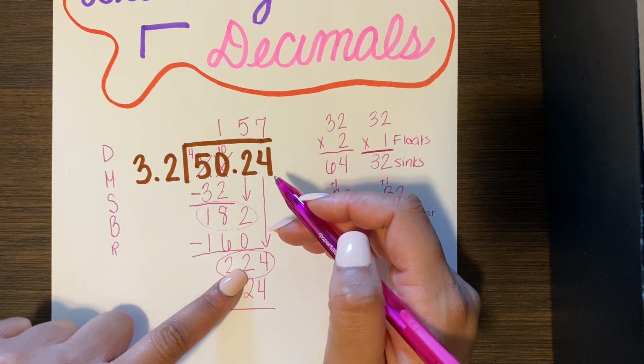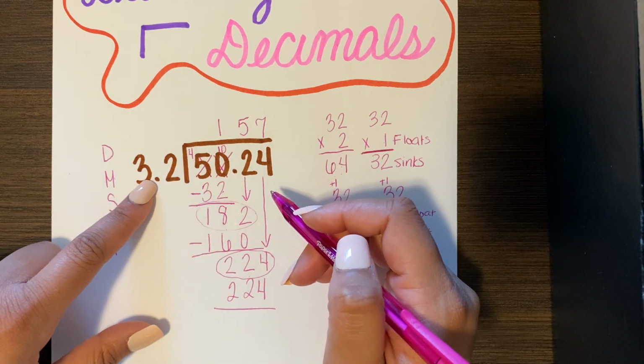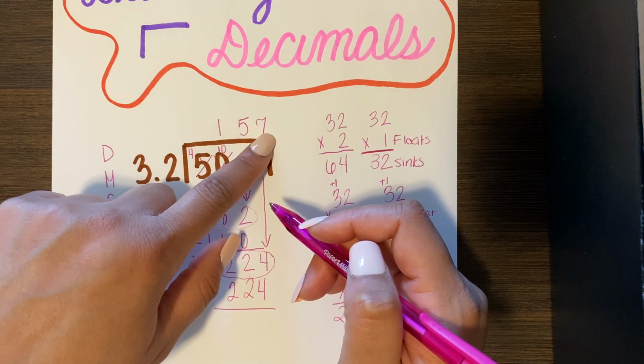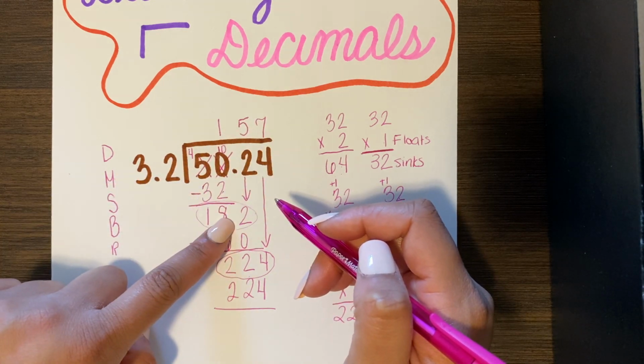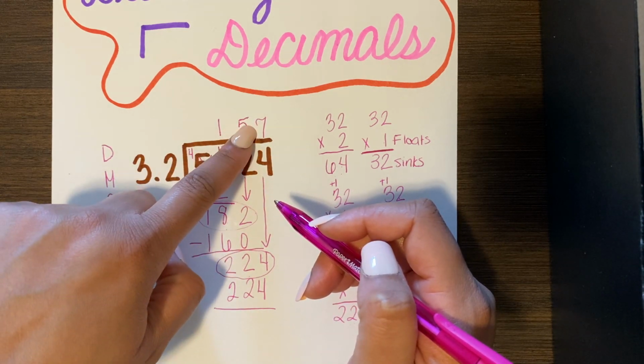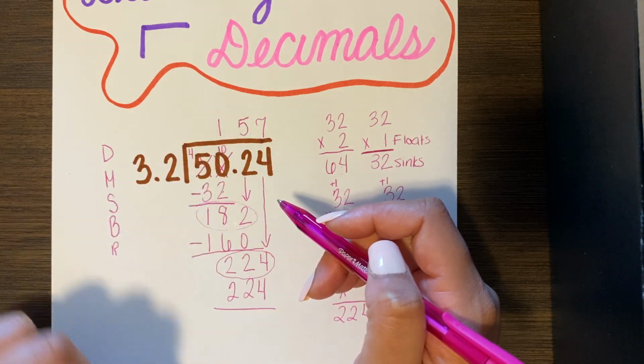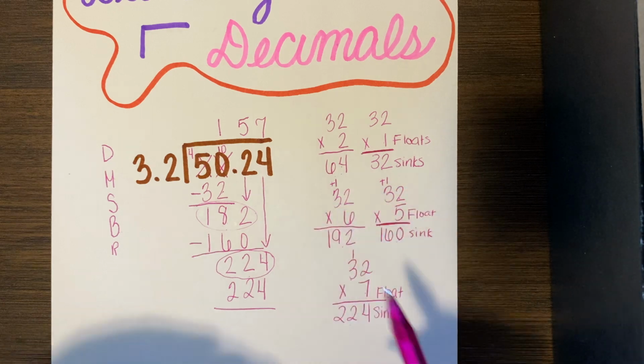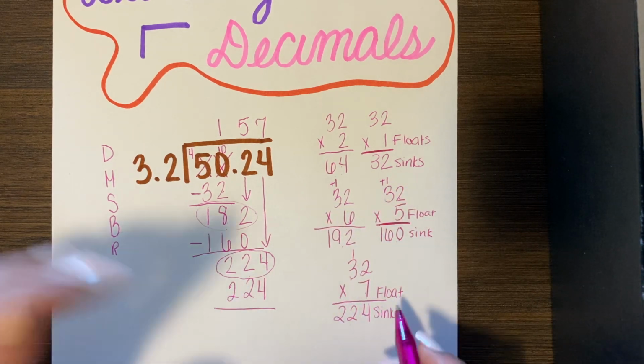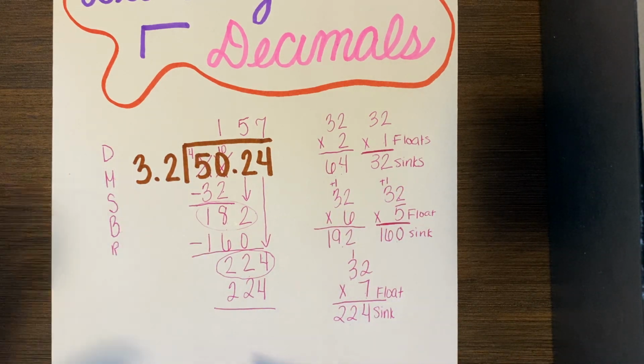That means that 224 divided by 32 equals 7. 182 divided by 32 equals 5. 50 divided by 32 equals 1. We're using hints and other things that help us go through the process, but we need to make sure that we understand the reasoning behind it.